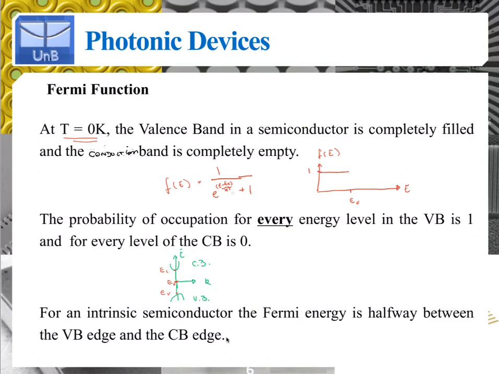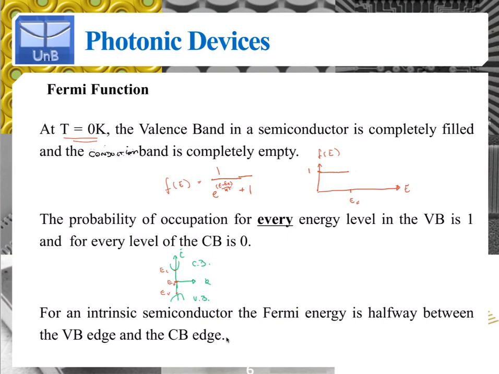Now, by the same logic, T is equal to 0, so this will be plus or minus infinity. For E larger than EF, you'll get a positive number in the exponent. And therefore, a positive number divided by 0 will give us plus infinity. E to the power of plus infinity will give us plus infinity, irrespective of the energy value.